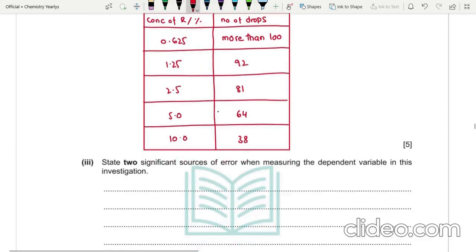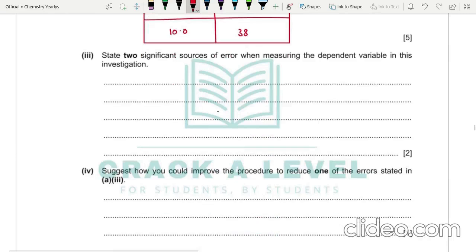State two significant sources of error when measuring the dependent variable. So what was the dependent variable? It is the number of drops, which is actually depending on the independent variable, which was the concentration.